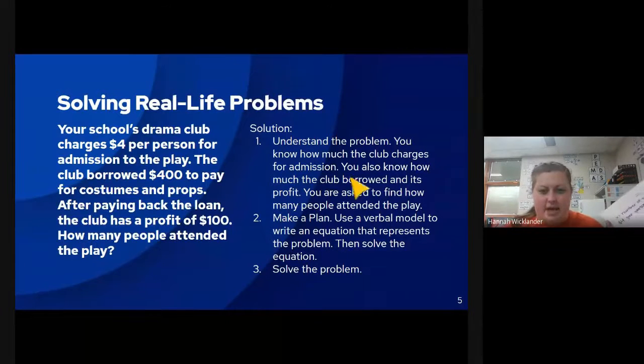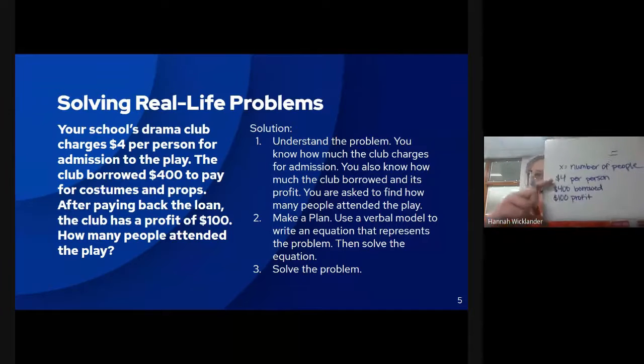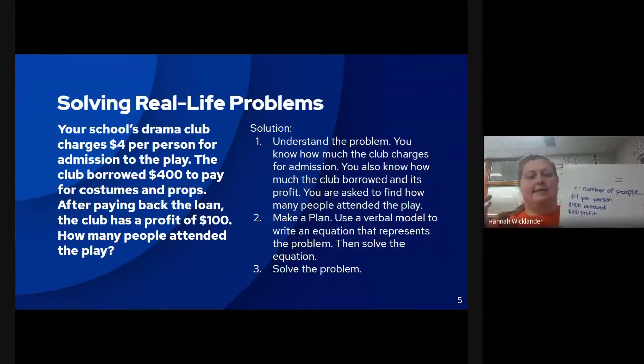And then you know how much the club borrowed. How much did they borrow? $400. Yep. And they made a profit of $100. So that's what I know. I have these three things that I know, and I'm trying to solve for X.